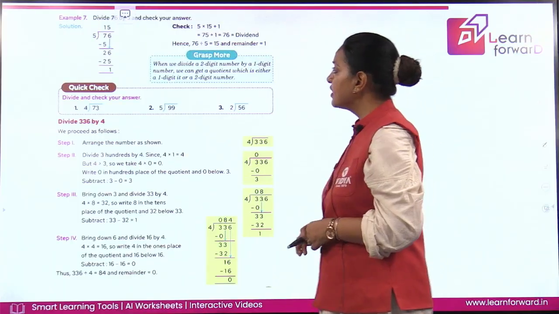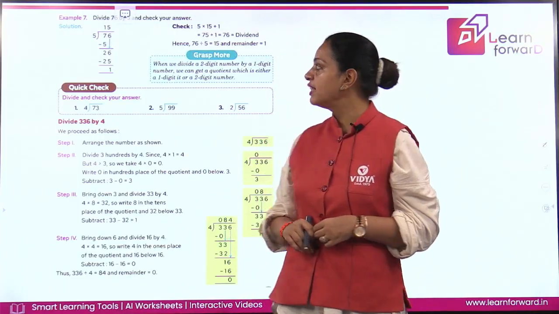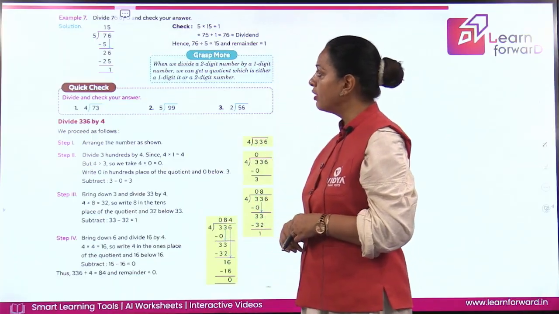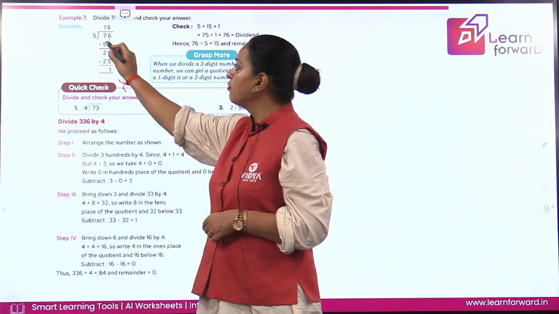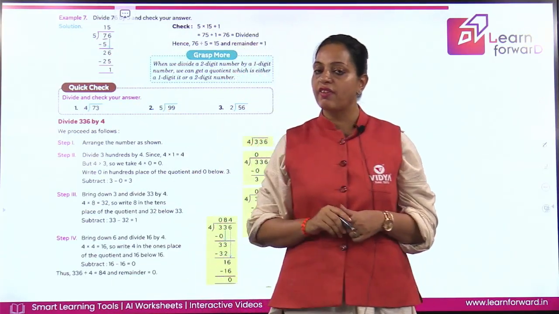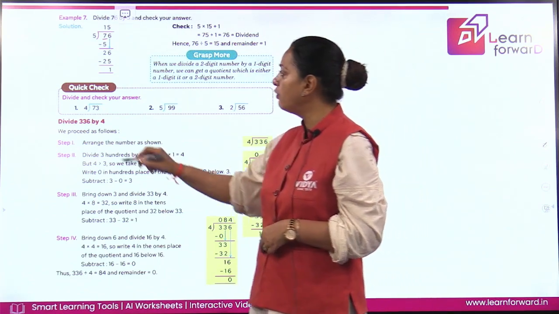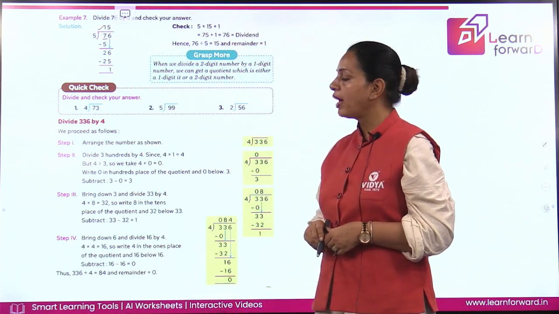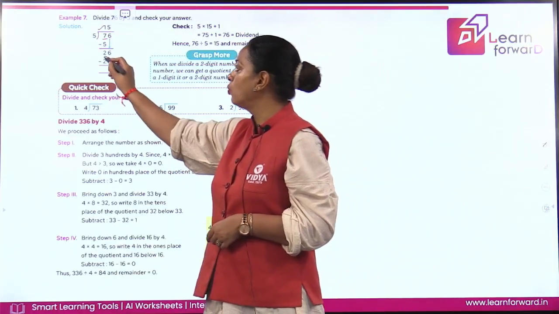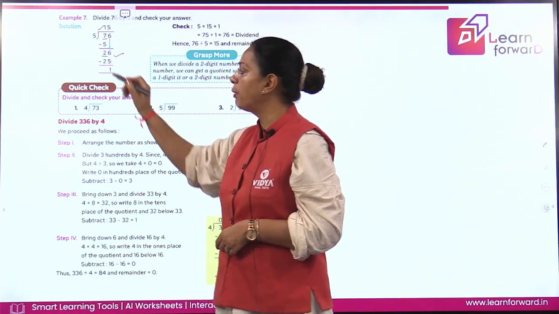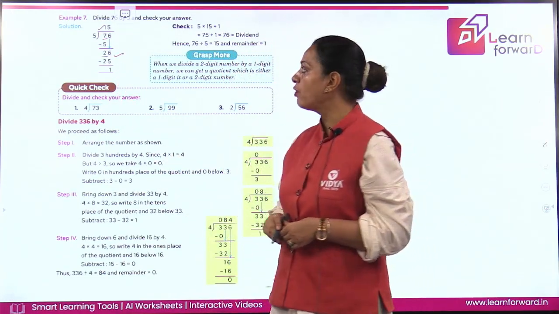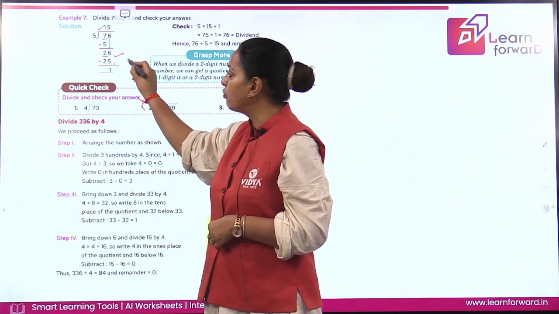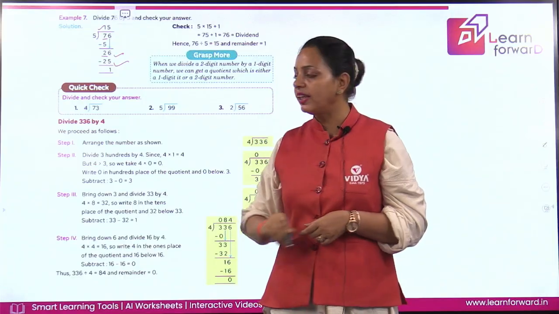The next is example 7. Divide 76 by 5 and check your answer. So here the tens digit is 7. First of all we will divide 7 by 5. 5 1s are 5. We write 1 in the quotient. Okay. Then 7 minus 5, that is 2. Now bring down 6. It becomes 26. You know 5 5s are 25. So here we will write 25. We will subtract both.